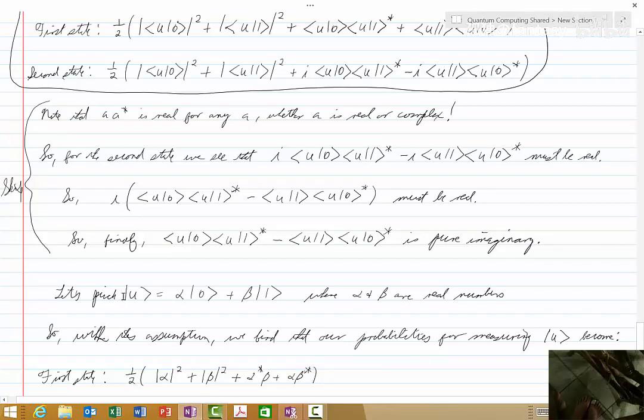The way that I got that was to take the inner product. Basically, I used this assumption for u and substituted into this expression above.